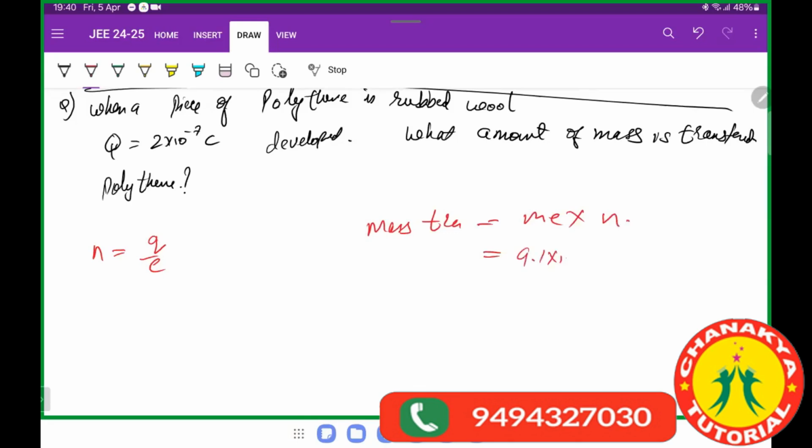So 9.1 into 10 to the power minus 31 into 2 into 10 to the power minus 7 divided by 1.6 into 10 to the power minus 19. If you solve this, we get the answer as 9.1 divided by 8, which is about 1.138 into 10 to the power minus 19 kilogram. Easy?